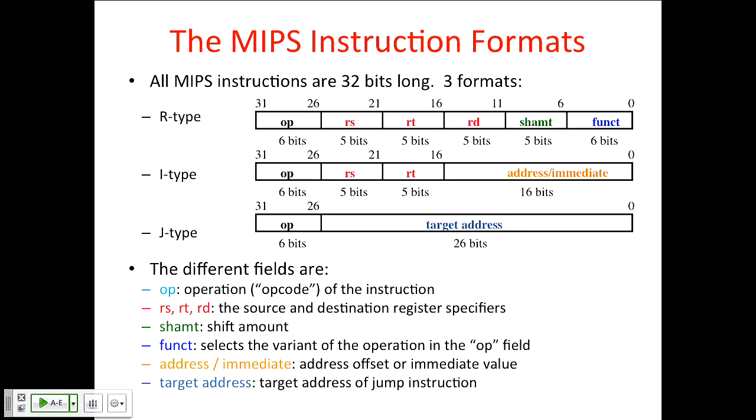You have these 3 formats. The jump type, all 26 bits are used for target address. The I type, there's a register source, a register destination, and a 16-bit immediate. And the R type has 2 register sources, 1 destination. It can also have the shift amount in here, and then a function field that tells you more of the operations, right?